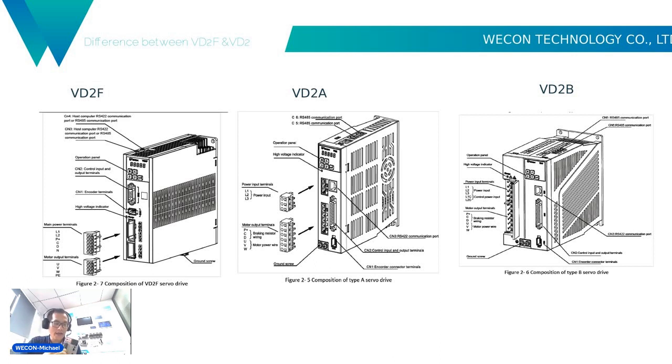But for VD2A, you don't need to connect two times. You only connect one time, 220. That's enough. So this is the difference between VD2A, VD2B and VD2F.